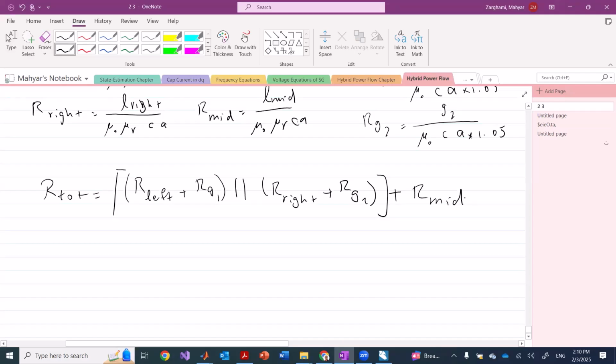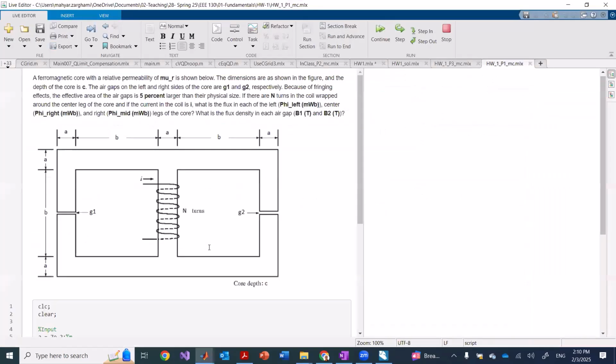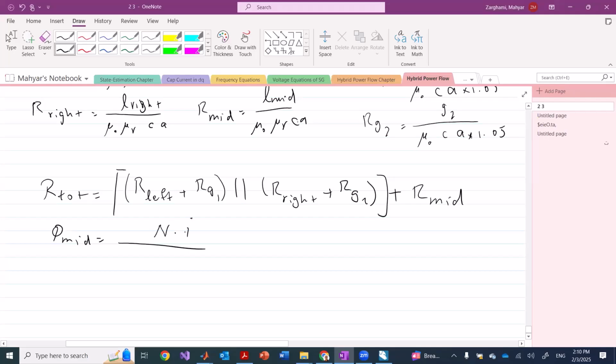And then you would find phi in the middle as MMF, which is n times I, right? Over our total. That's phi in the middle.